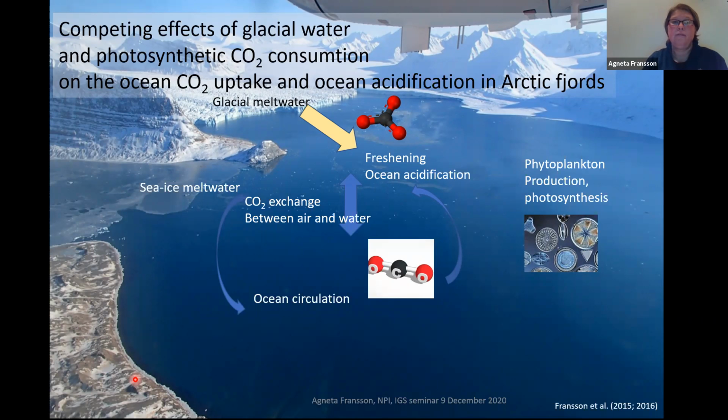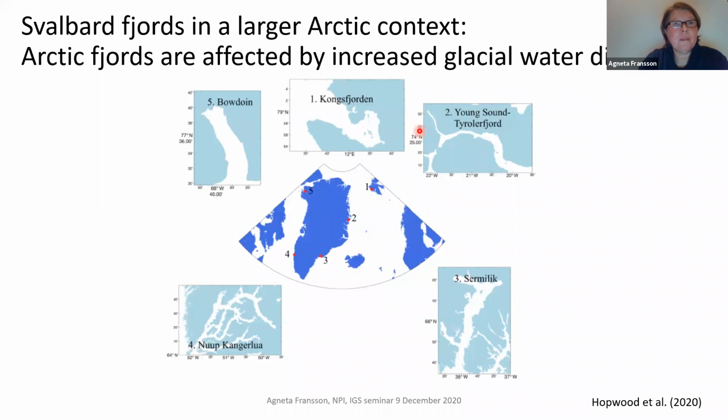That will of course have effects on all these processes that I've been talking about, and also the minerals from the bedrock with the carbonate, and that of course depends on the fjord and the bedrock surrounding the fjord. That will also affect the whole ocean circulation, depending on the fresh water and how that will continue in the future.